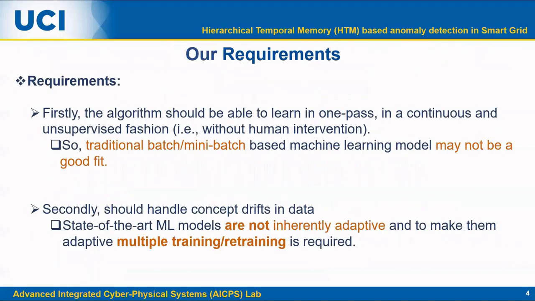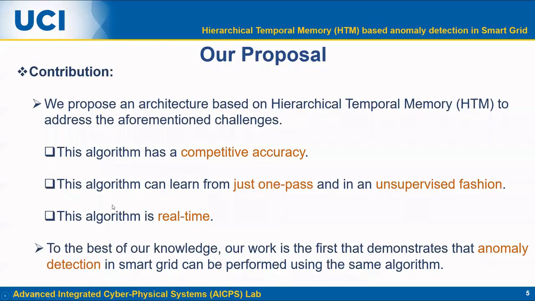So we need an algorithm that should be able to learn in a one-pass fashion, in a continuous and unsupervised way. Secondly, we need an algorithm that can handle the concept drift. So we are proposing the HTM algorithm to address the aforementioned challenges because this algorithm has comparable accuracy.